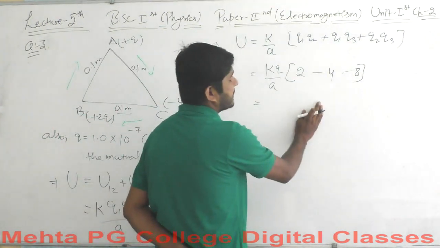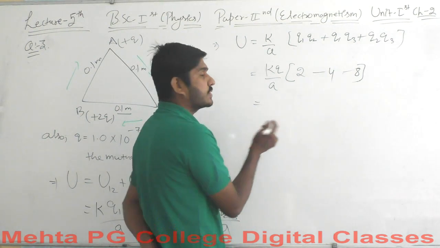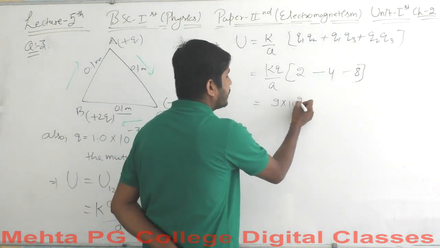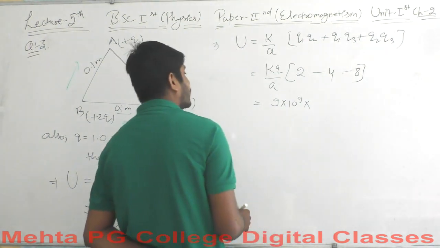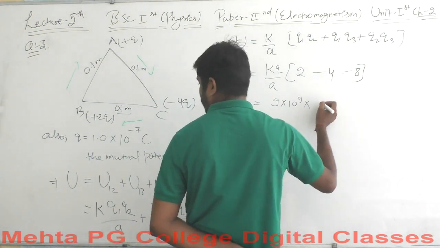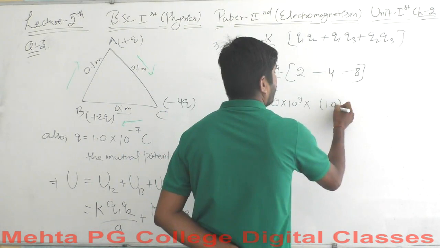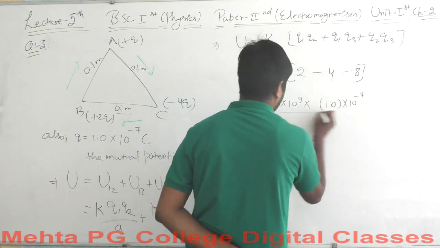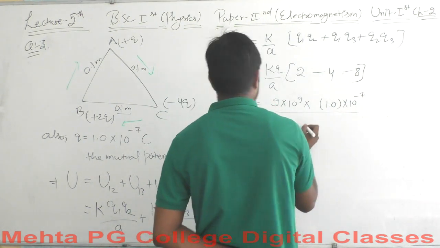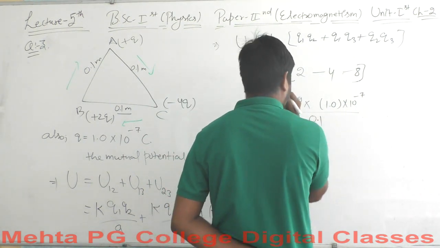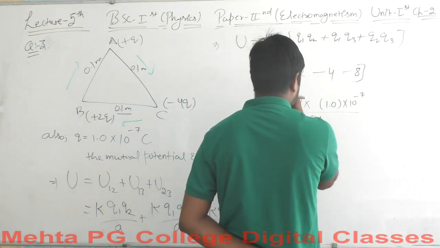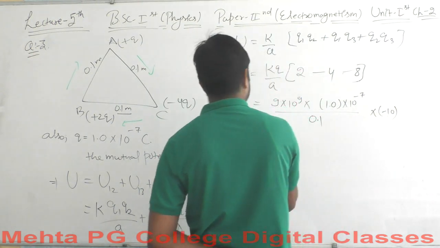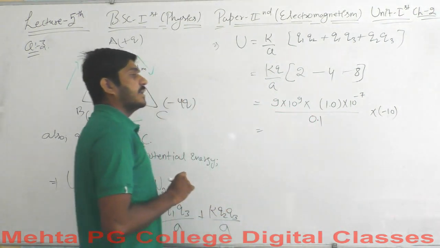Okay, so minus 4 minus 8 is minus 12, plus 2 is equal to minus 10 here. The value of K is 9 into 10 to the power 9, and the value of Q here is equal to 1.0 into 10 to the power minus 7 upon the value of A, which is equal to 0.1, into minus 10. So what should be the value by now?